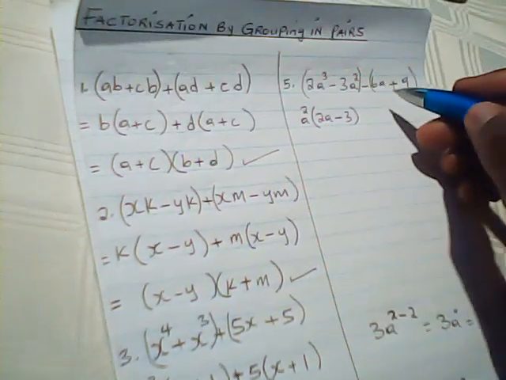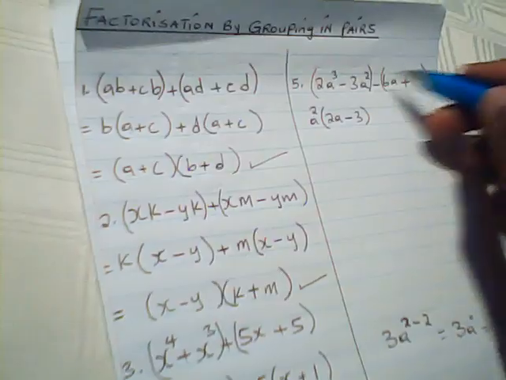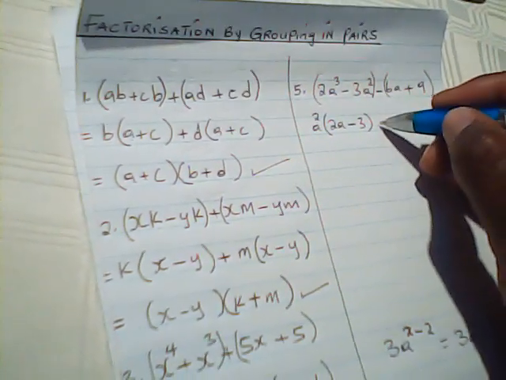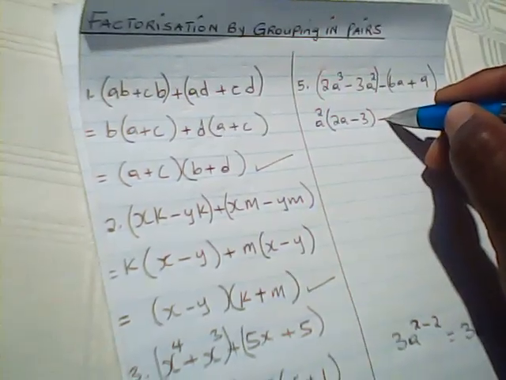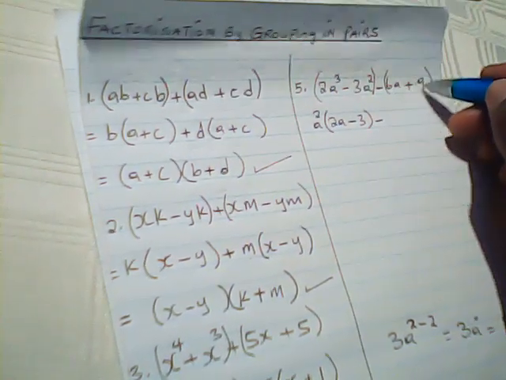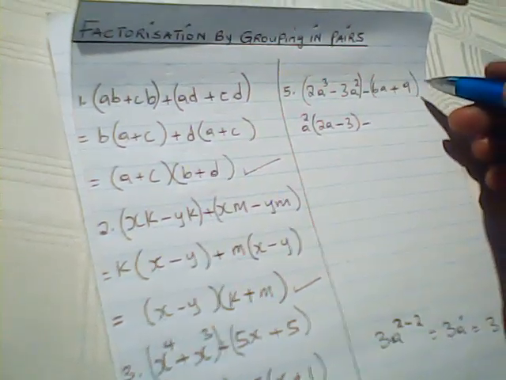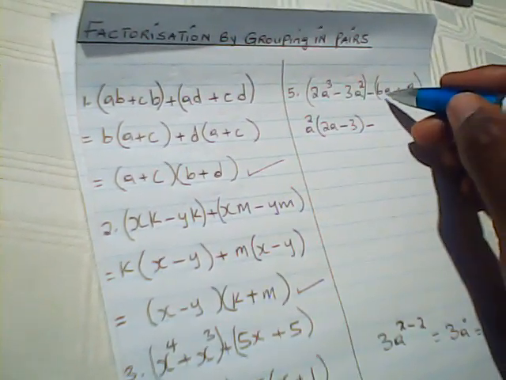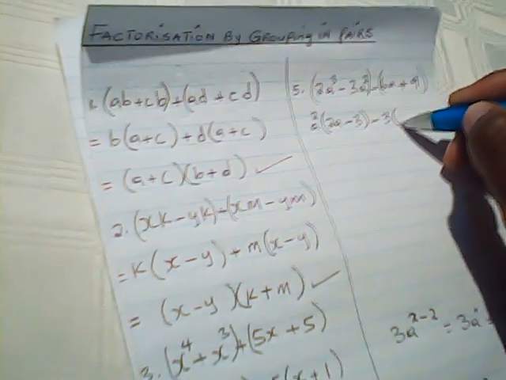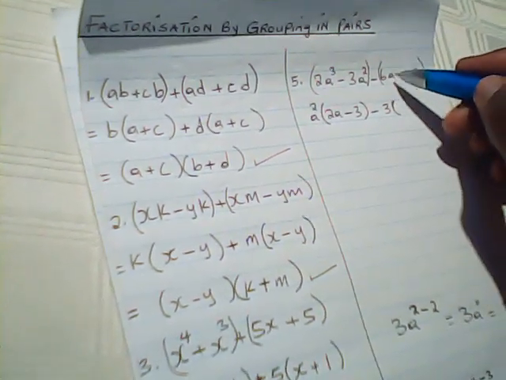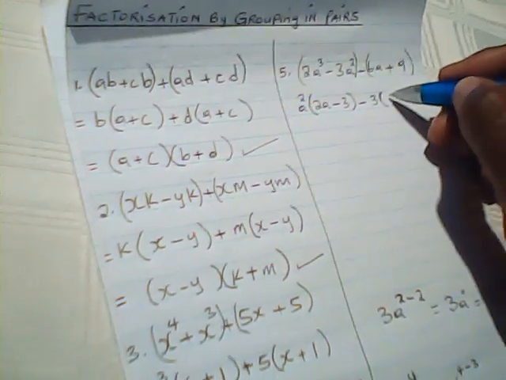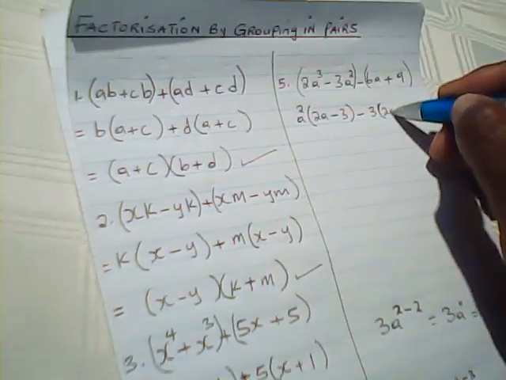Here is the story again. The two sets are divided by what? A negative. You drop down the negative, and then you take out a common factor here, which is 3. Then what are you left with here? You just say 6a divided by 3. The answer is 2a.